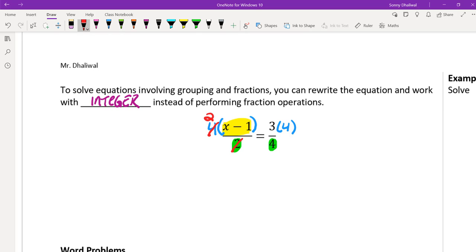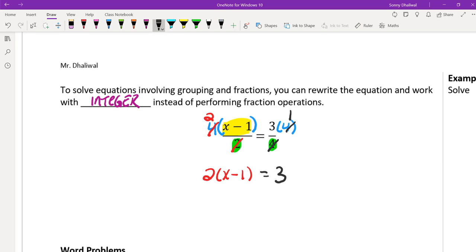So this side can be rewritten as 2x minus 1, 2 times whatever is left over in the top. On the right side, we have a 4, and 4 goes into 4 one time. So you're left with a 3 times 1. This is just a 3.